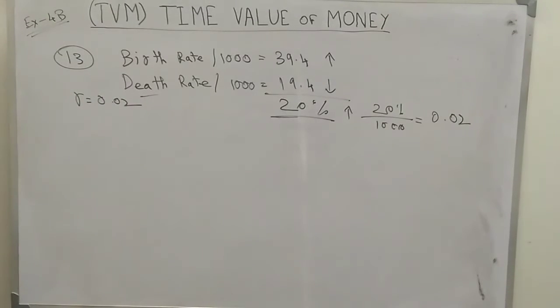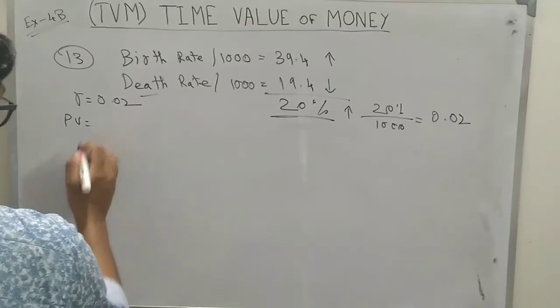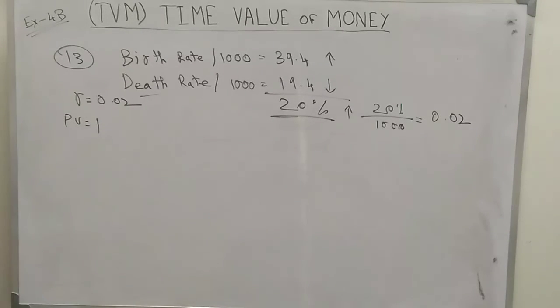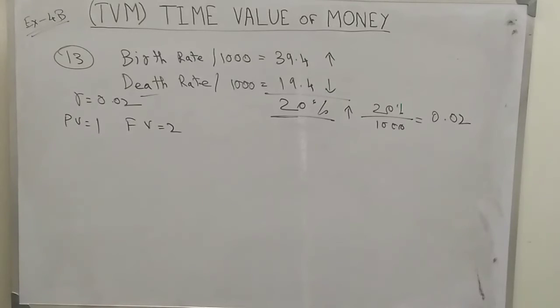We need the number of years in which the population will be doubled. For ease of calculation, let us assume that the present population is 1. You have to calculate in how many years it will be doubled, so the future value will turn to 2, assuming there is no immigration or emigration.